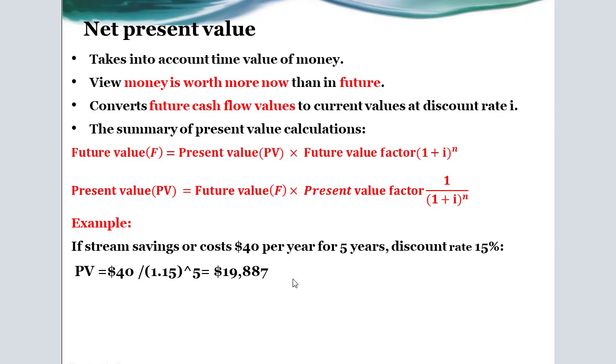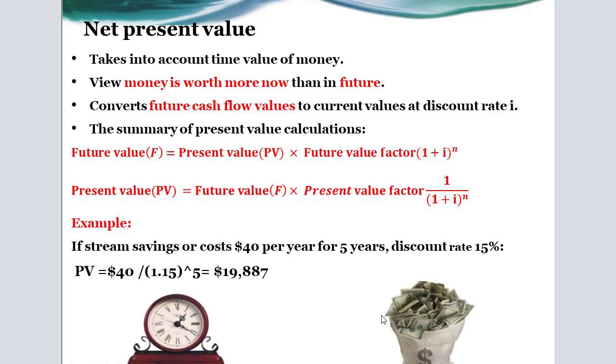We have this value which represents the present value of this stream during 5 years. Okay, this example picture shows the principle of net present value, taking into account the time value of money.